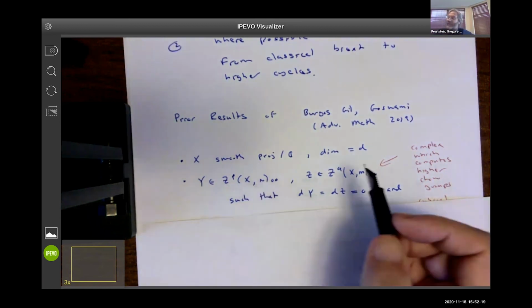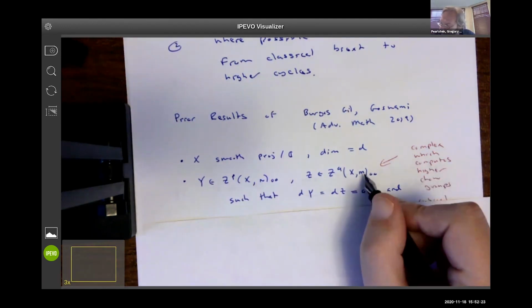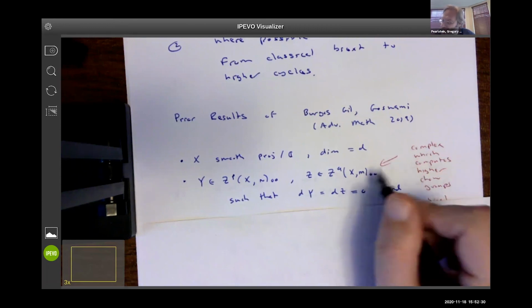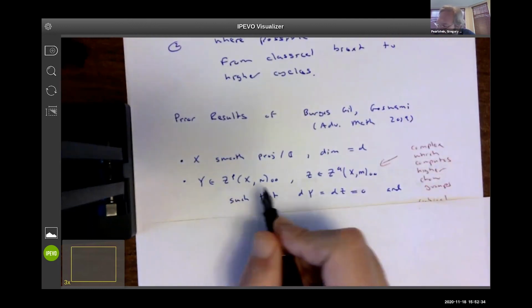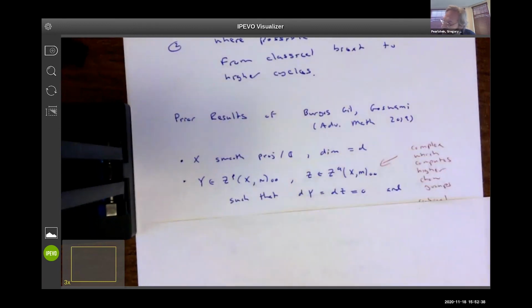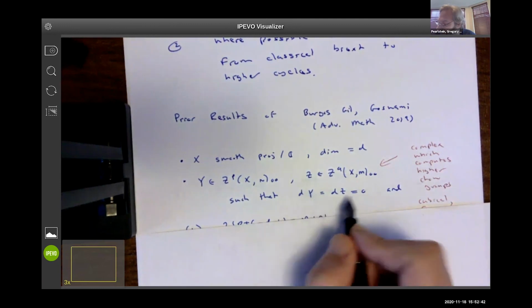The only thing you need to know about these complexes is that they are a set of complexes which compute the higher Chow groups. Okay, so I have my class in this complex, in this part. And of course, I want them to give me cycles. So I want D of Y and D of Z to be 0.